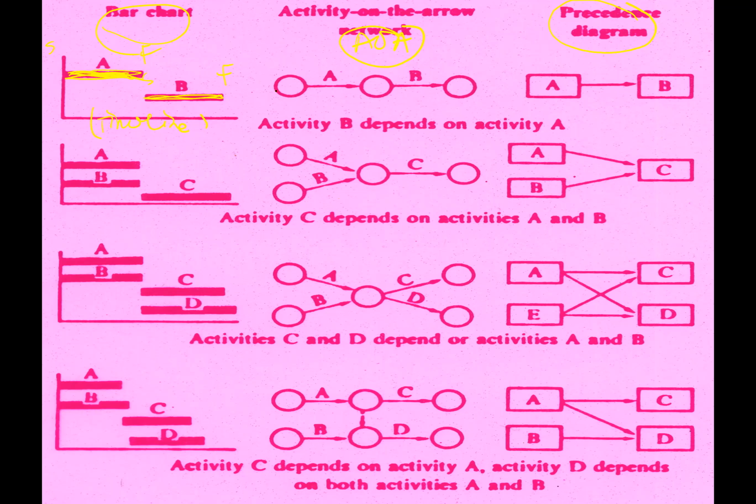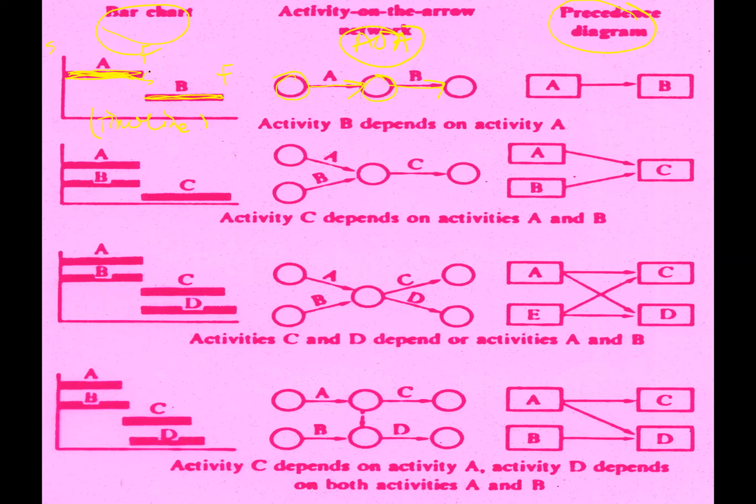You just simply draw a circle to reflect start, and then an arrow, and then an arrowhead, and then another circle to reflect a node, followed by an arrow, and then closed by another arrow. So A and B basically reflect the same as in the bar chart.